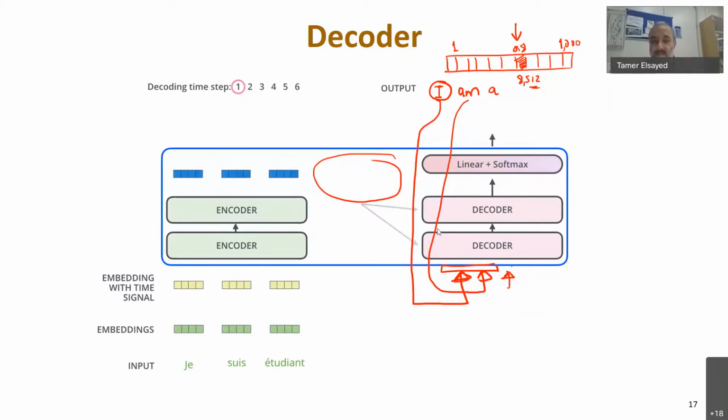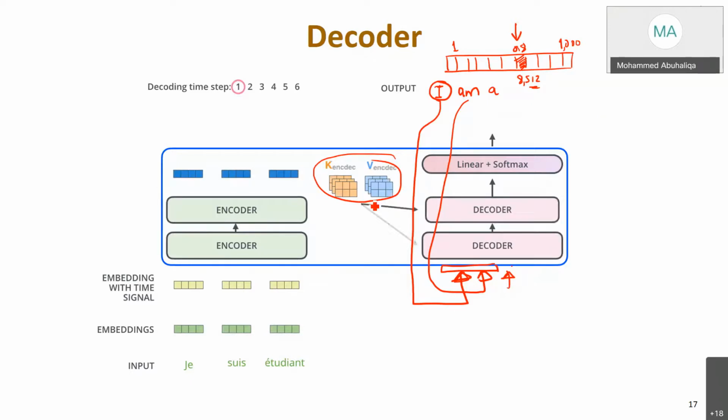Sorry for the silly question, I just need to clarify. The decoder usually has two inputs: the actual input from the language translation, like this French sentence, and the previous output so far. We have this output, right?